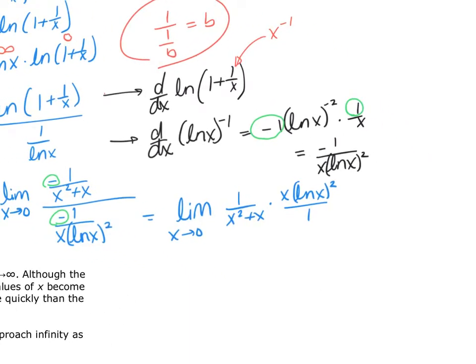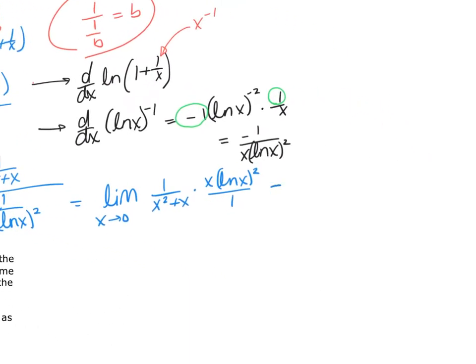Now, rewriting this, I have the limit as x approaches 0. In the denominator, I have x squared plus x, so I'm going to factor out an x. And when I factor out an x, this x and this x will cancel.